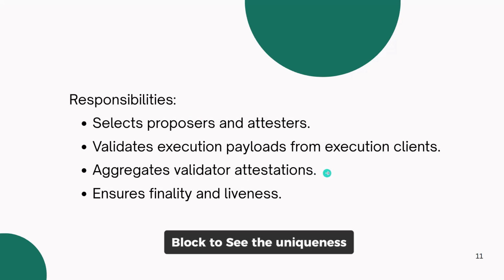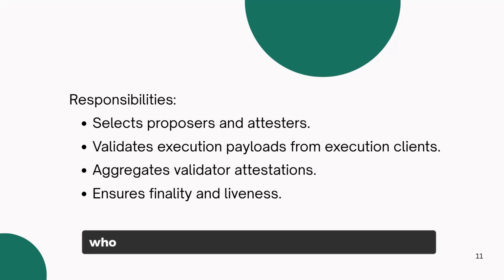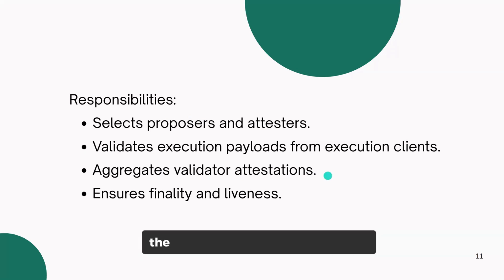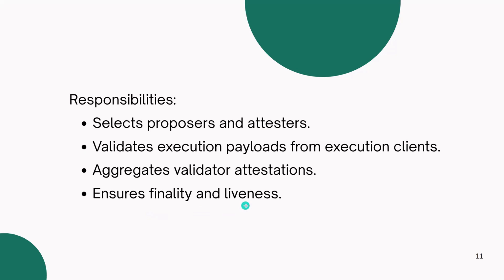The more validators who attest to the validity of the proposed block, the more that block is seen as legit when it is to be added to the blockchain network.